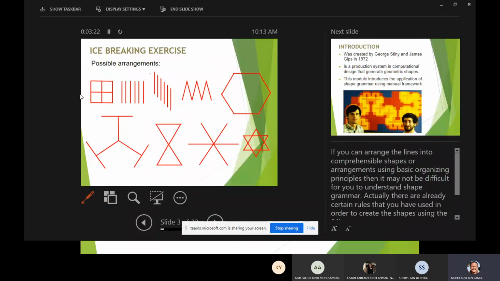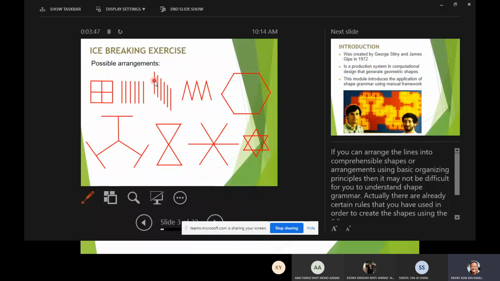But from all these arrangements, you can see some organizing principles. Like this one, you just lay the lines side by side, all 6 lines. This is also side by side, but you move down a bit, and between the 2 lines the movement remains the same.